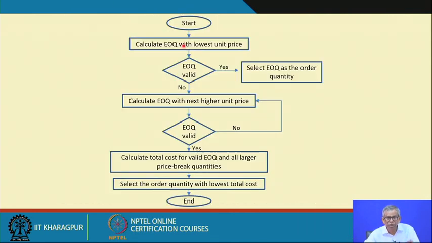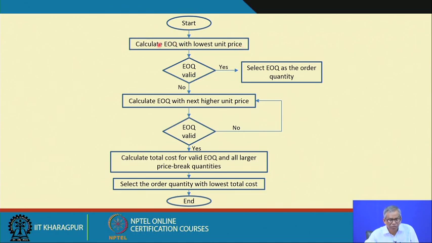So what is this flow diagram? You start, calculate EOQ with the lowest unit price. You find out the lowest unit price and then you find out EOQ. Is EOQ valid? That means when you determine EOQ with this price, against this price an order quantity range is mentioned.